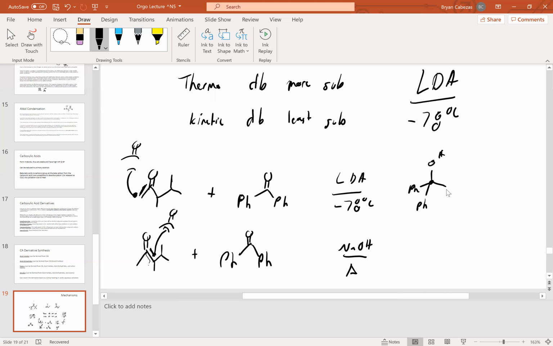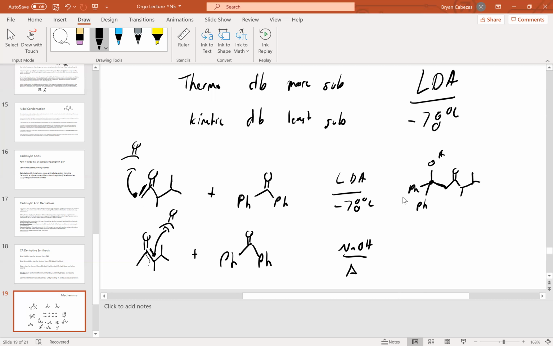This carbon would be this carbon, because this carbon attacked here. And then let's draw the rest of our product. We have that carbon there. What is that carbon attached to? Well, that carbon is attached to a carbonyl group. And this carbonyl group is then attached to everything else, just the isopropyl group here, and then this here, methyl.